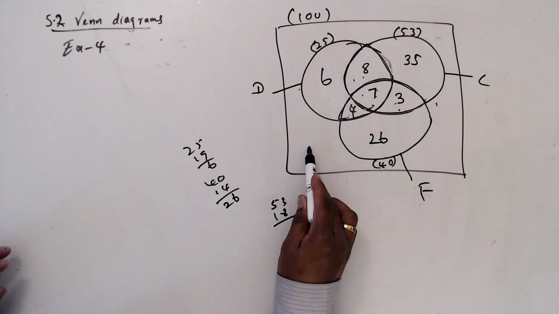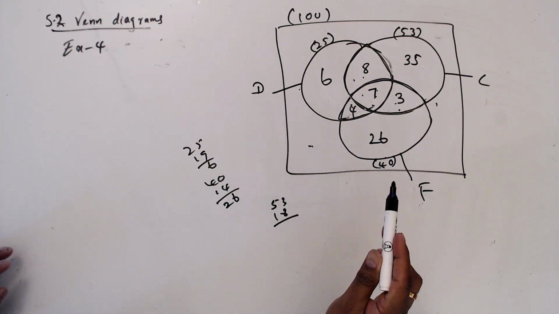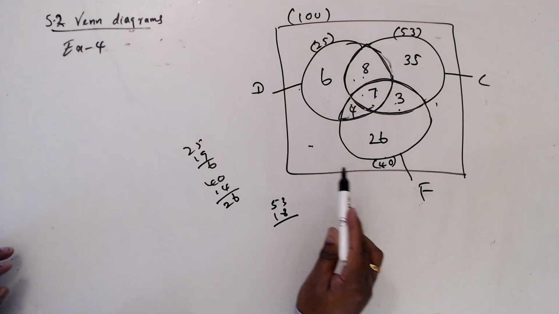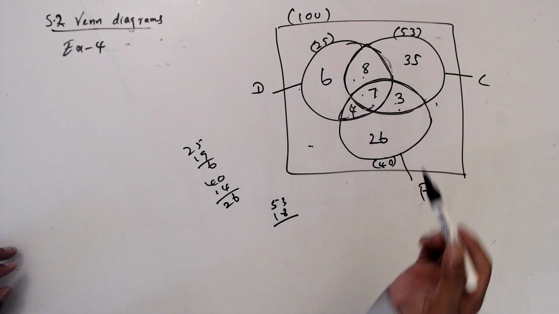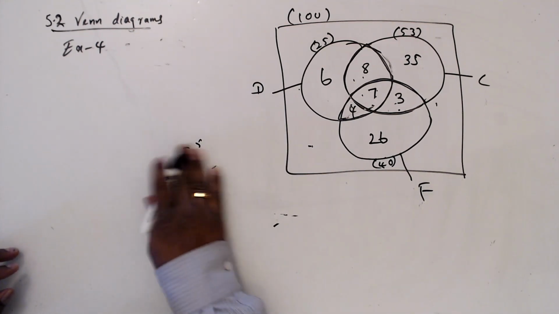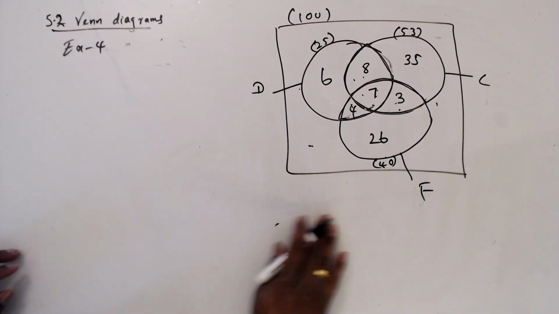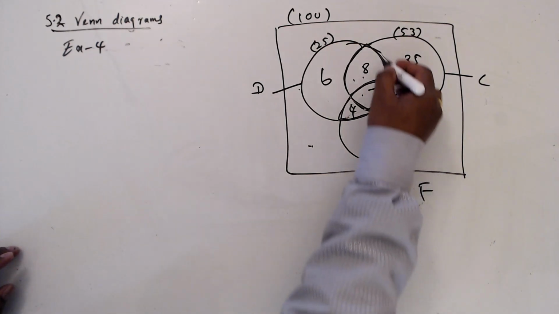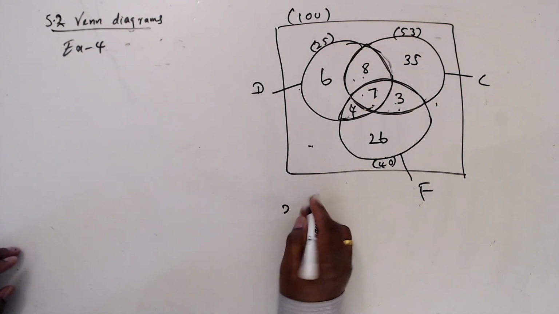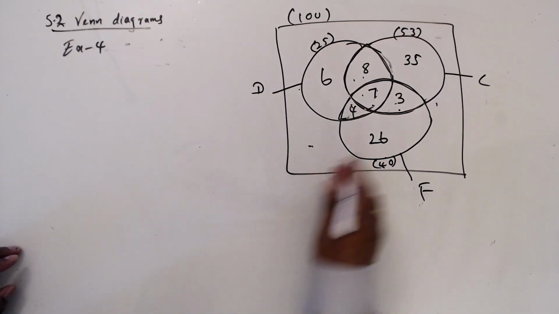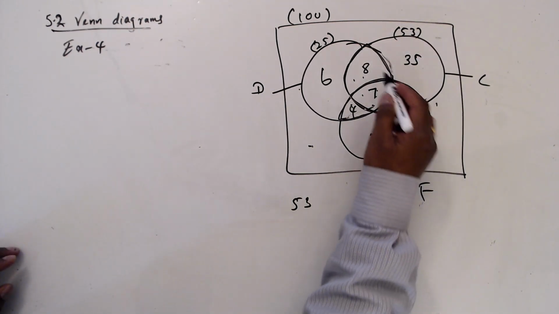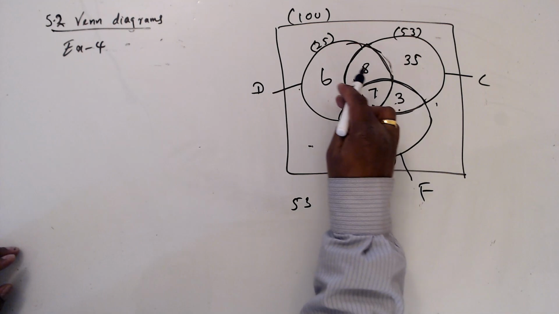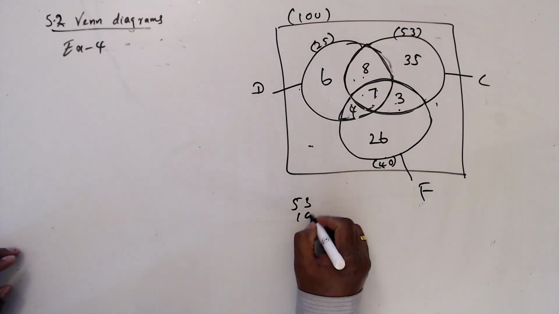Now this area is remaining, the outside. Outside we can find when we add everything and subtract from 100. I will take the bigger circle. This whole circle is 53. And 4 areas cover, then 6 and 4, 10.